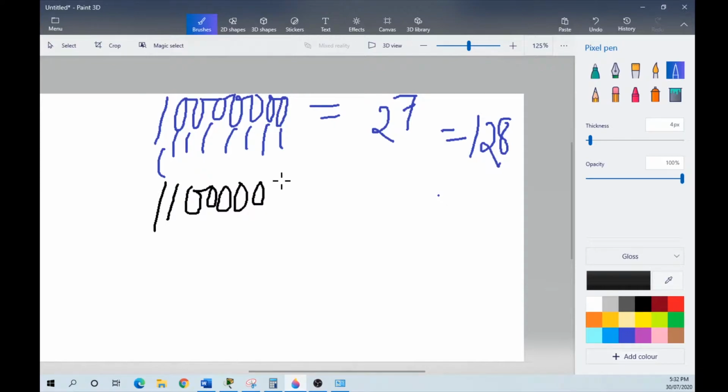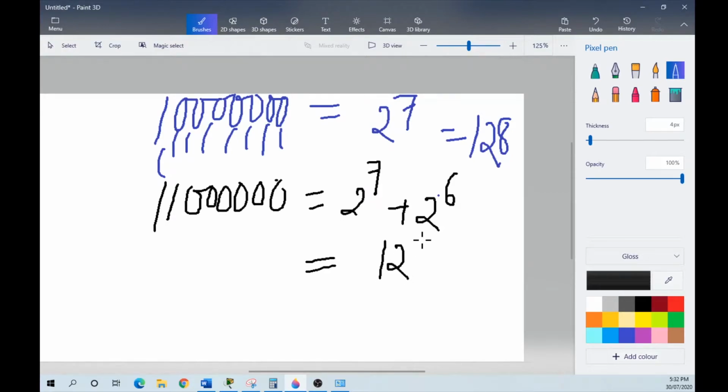On the same example, if I put 1, 1, and then the rest of the bits at 0, what would be the value? The first bit represents 2 to the power 7, and the next bit represents 2 to the power 6. So 128 plus 64 is equal to 192.